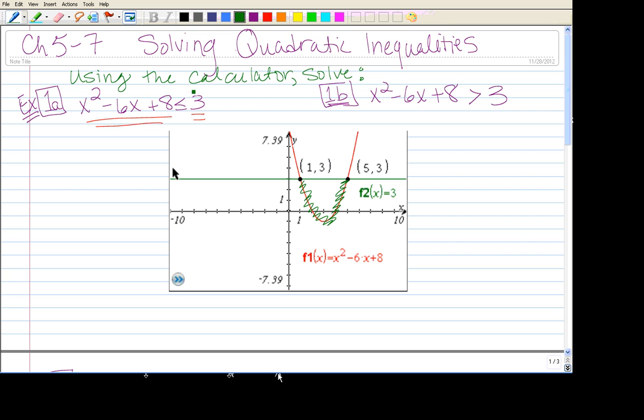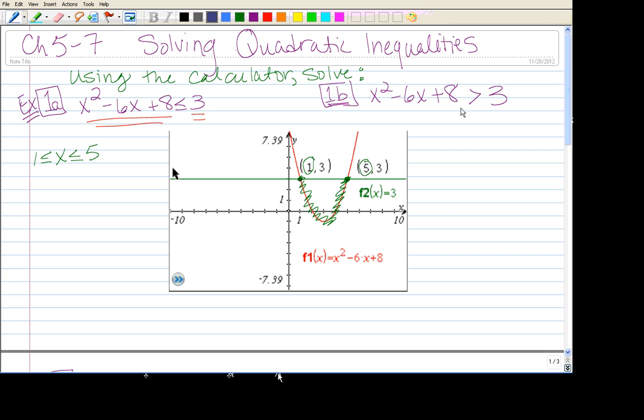And notice that it's an equal to, so we're including those points as well. So our solution here is going to be 1 is less than or equal to x is less than or equal to 5, because those are the x values, that 1 and the 5, that allow this parabola to be less than or equal to 3.